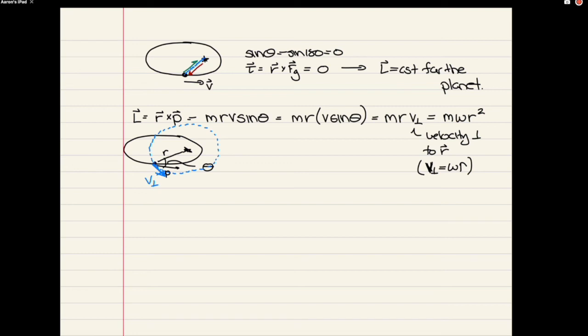You might think it's unclear how this has helped us at all. We will see, because this has given us a way to write down the magnitude of the angular momentum in terms of other quantities, which we are about to see is going to play a role.